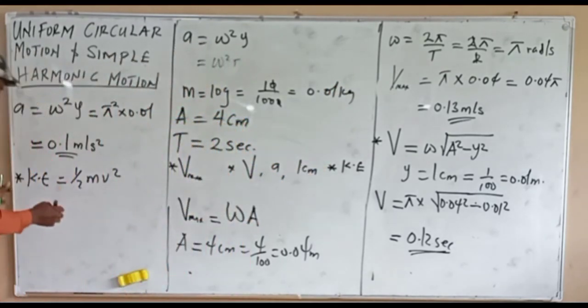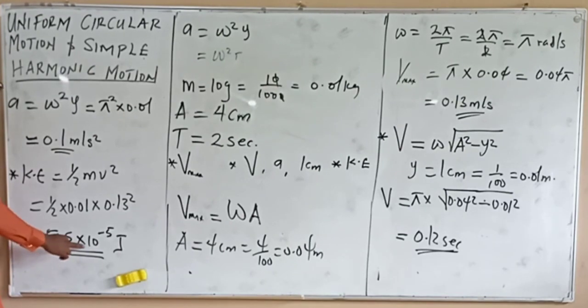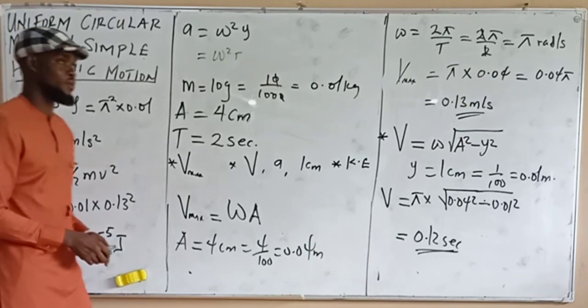So we will have half times 0.01 times 0.13 squared. If you solve this very well, you are going to have 8.5 times 10 to the minus 5 joules.